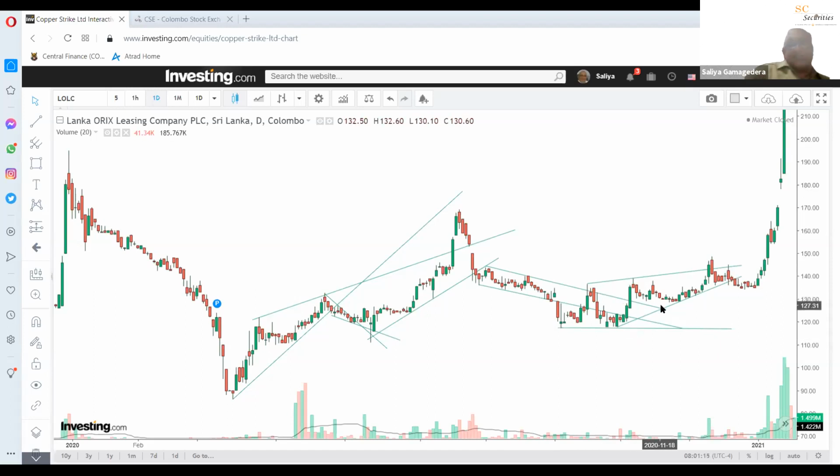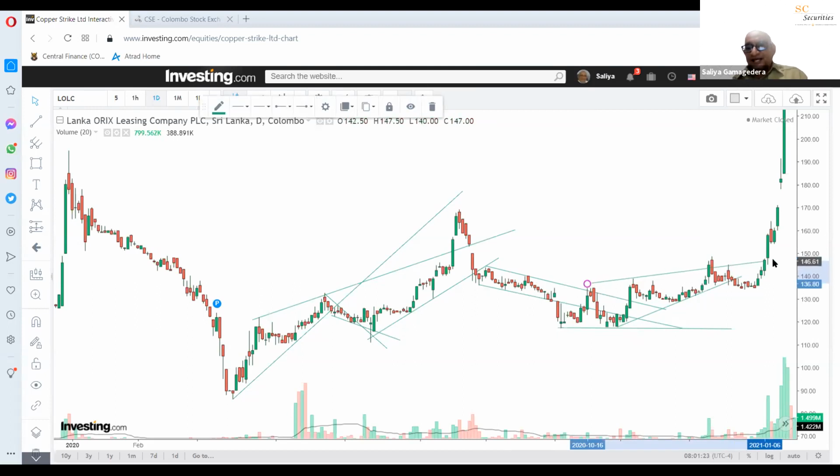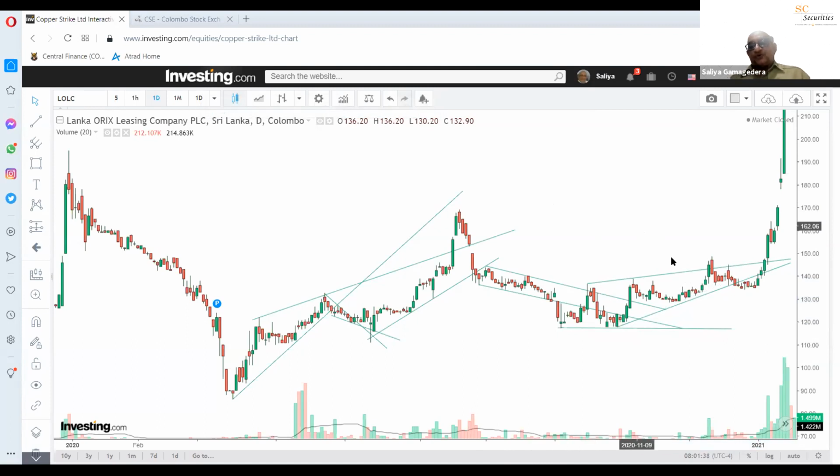if I'm just going to touch a little bit further on these lines, if I stretch these lines, you would have noticed how the prices have broken out of these lines as we moved on, right? So you can see here it tried to break above this resistance line.